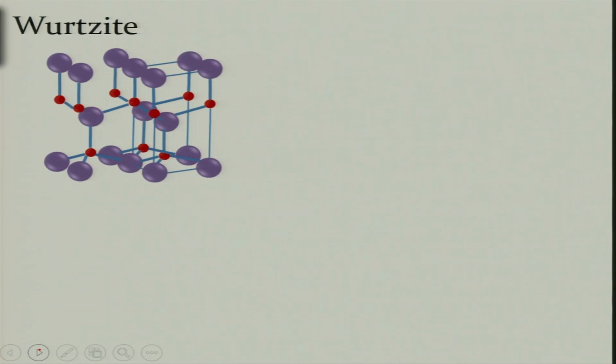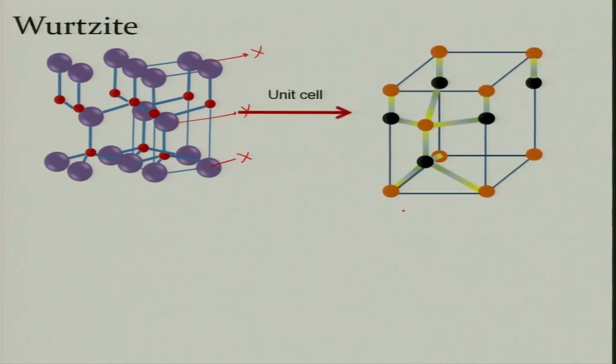So this is what the structure will look like. This is the first layer of X atoms, there is a second layer of X atoms. The tetrahedral sites in between them are occupied by cations, but only half of the tetrahedral sites can be filled, not all of them, because for each ion you have 2 tetrahedral sites.